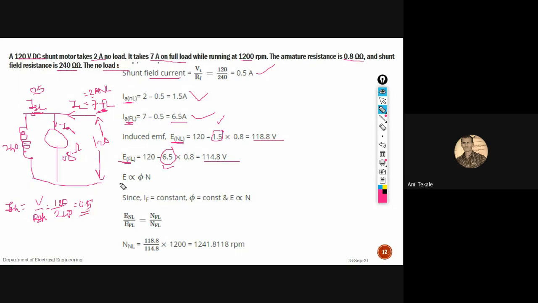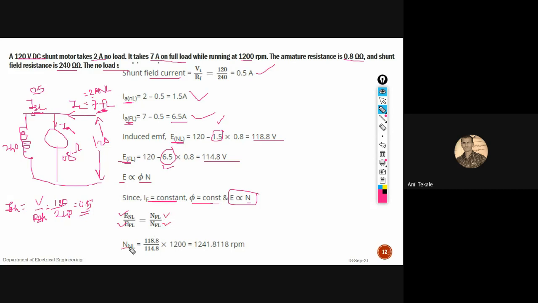As we know, back EMF is directly proportional to phi N. So again we will go for that equation. As we know that field current is a constant, so phi is a constant, so only one term will remain, that is E is directly proportional to N. From that we can write the equation: E no load over E full load is equal to N no load over N full load.